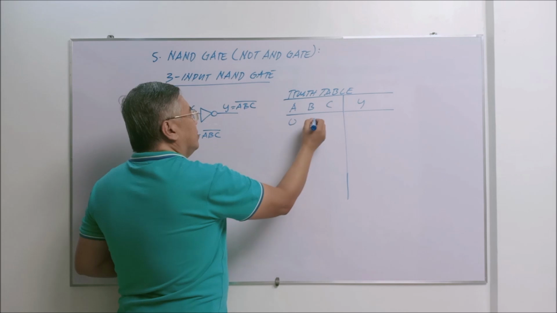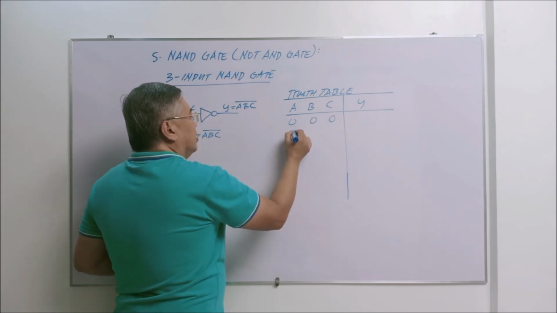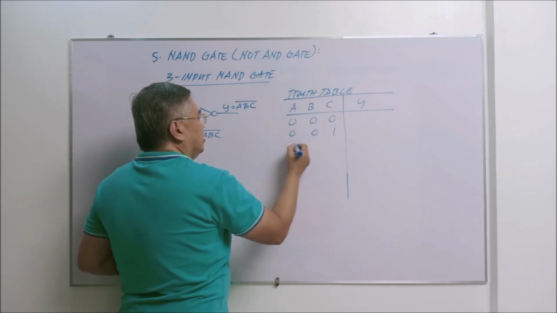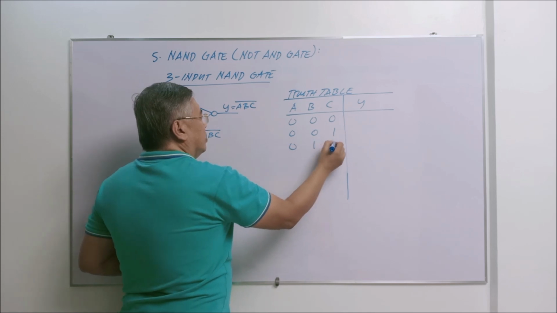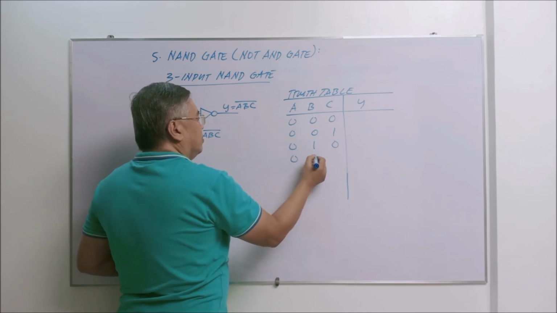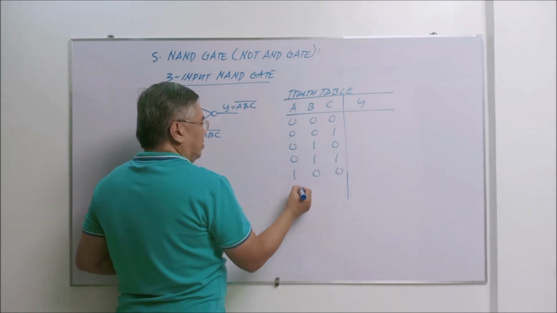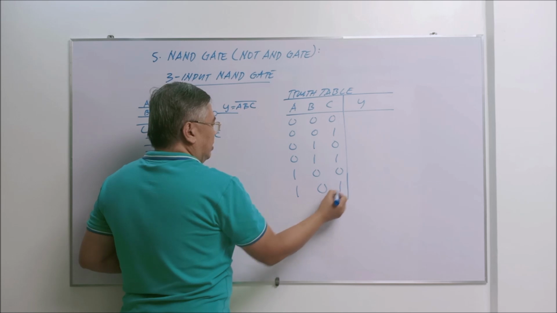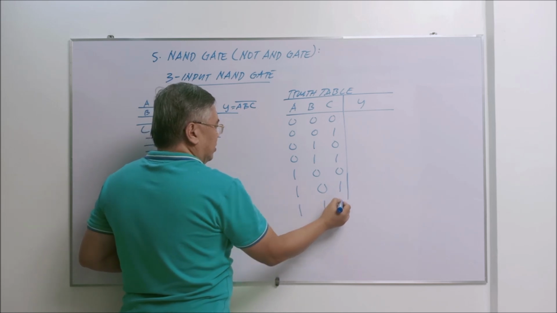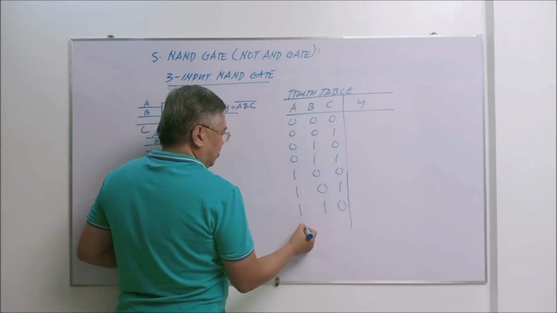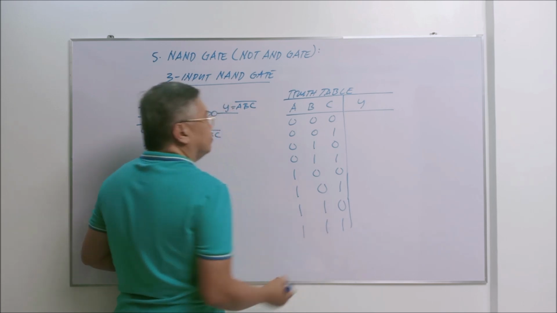You have 0,0,0, 0,0,1, 0,1,0, 0,1,1, 1,0,0, 1,0,1, 1,1,0, and 1,1,1.